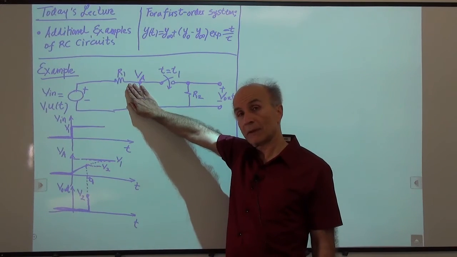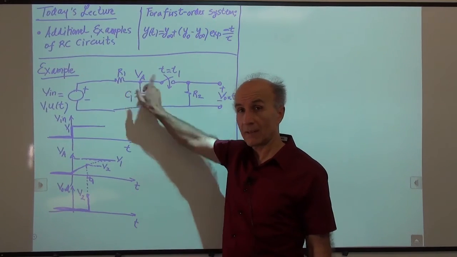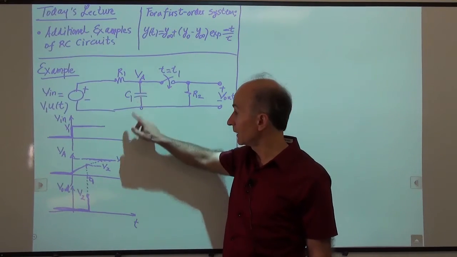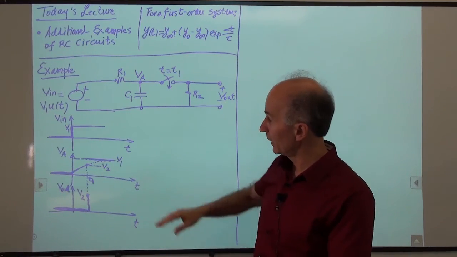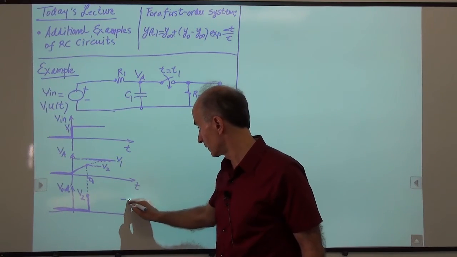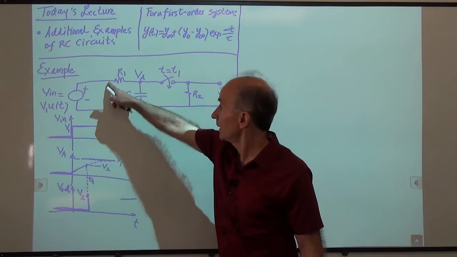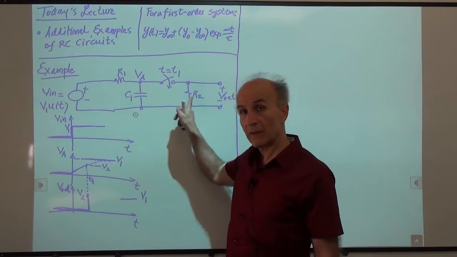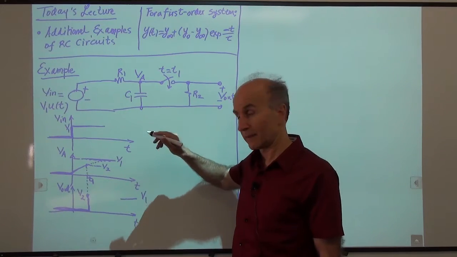How much is the output voltage? It's easy, right? It's the voltage divider between this and this. These two are dividing V1. So at time infinity, we can say both VA and V out approach a value, which is V1, the height of the step here, divided by these two resistors, because C1 is an open circuit at time infinity.